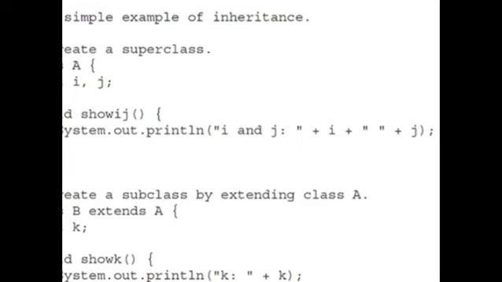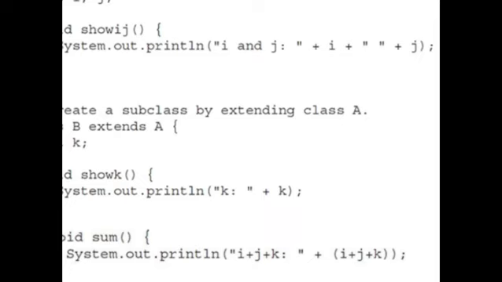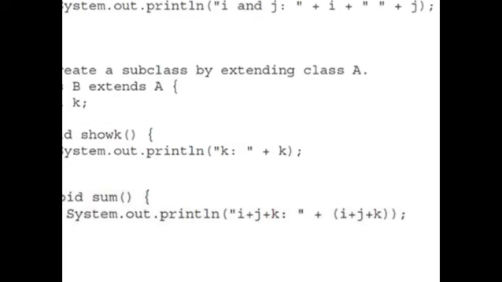The superclass, the parent class, is class A. Its functionality prints i and j with System.out.println, so the i and j values are declared. Then the subclass extends class A as class B, with integer data value k, and System.out.println prints the k value. Finally, the sum is printed with System.out.println of i plus j plus k.